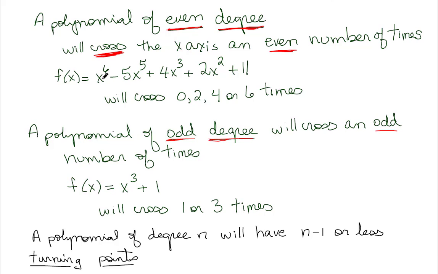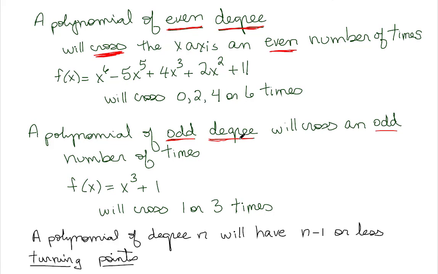So, for example, x to the sixth and some more terms. The highest power is x to an even. So, this function, if we graphed it, would cross the x-axis 0, 2, 4, or at most 6 times.